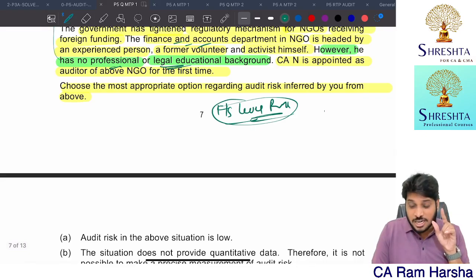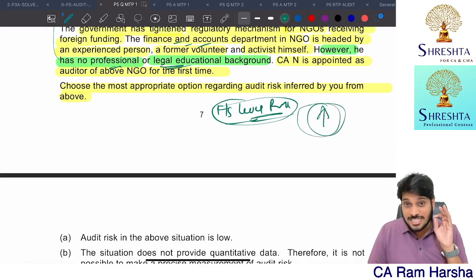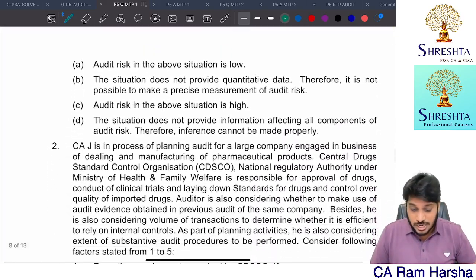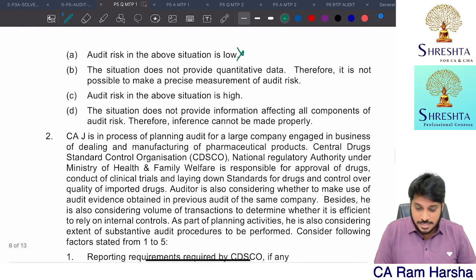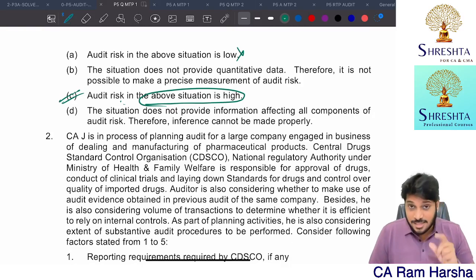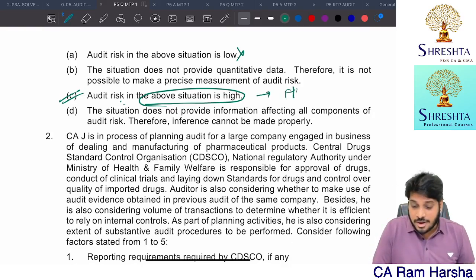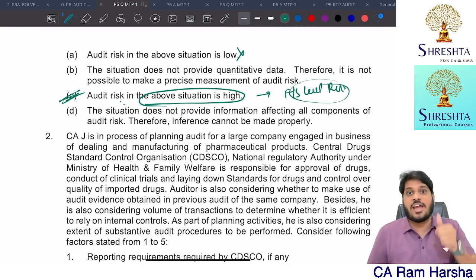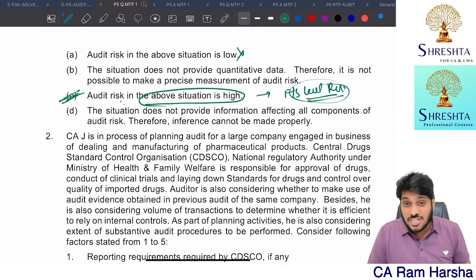When financial statement level risk is there, we generally say audit risk is extremely high. So that's why audit risk is low is the wrong answer. Audit risk is high in the above situation because it's a financial statement level risk. The reason is more important. In an MCQ, the answer is given. See, why that answer? Because of financial statement level risk.